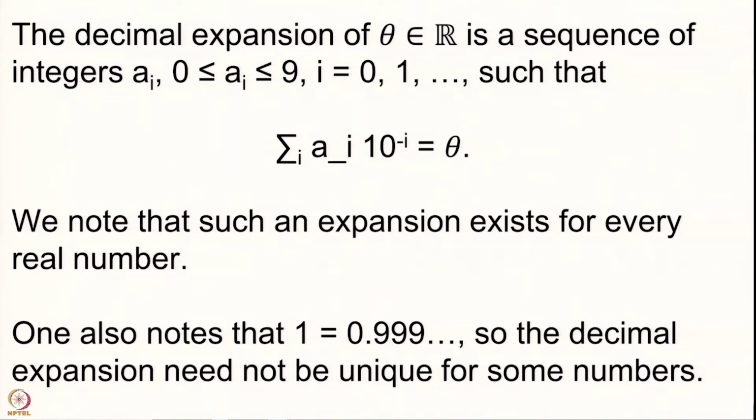If you sum this up, this is a geometric series, and if you obtain the sum of this geometric series, you will see that it is indeed equal to 1. So, whenever you have a finite decimal expansion, you have another decimal representation for the same number involving some sequence of integers ultimately ending with 9s.